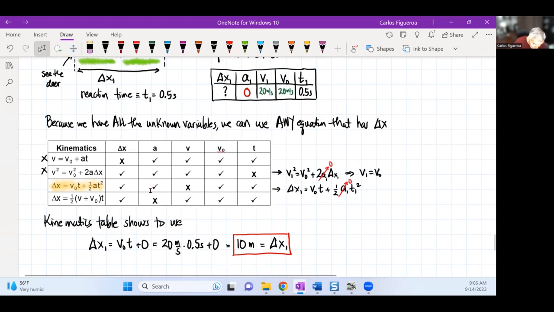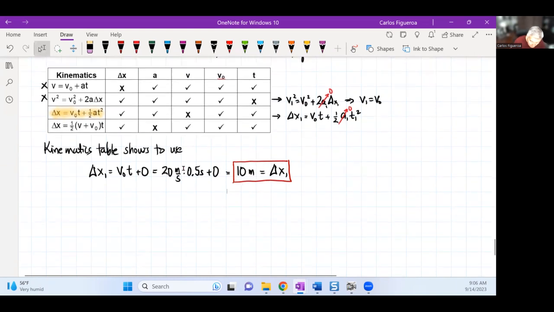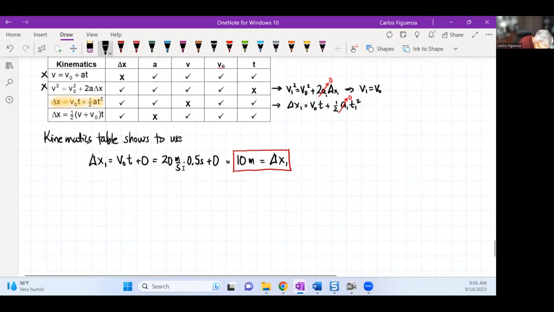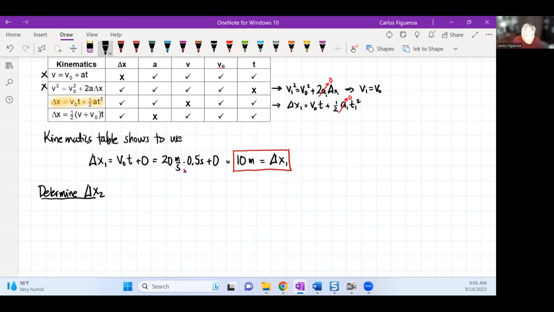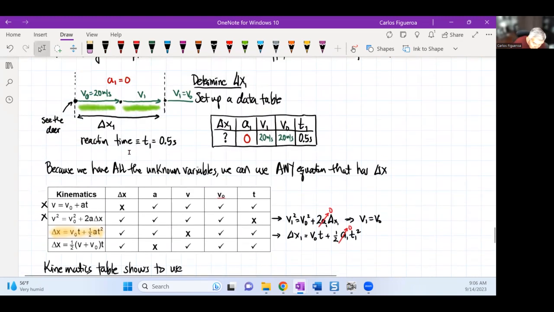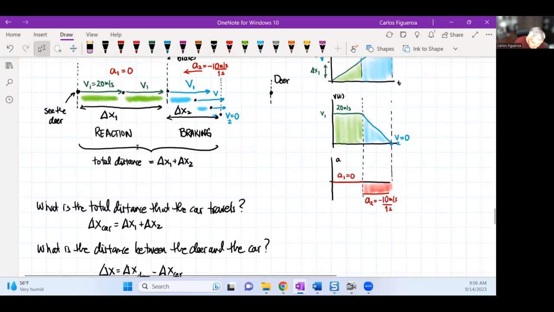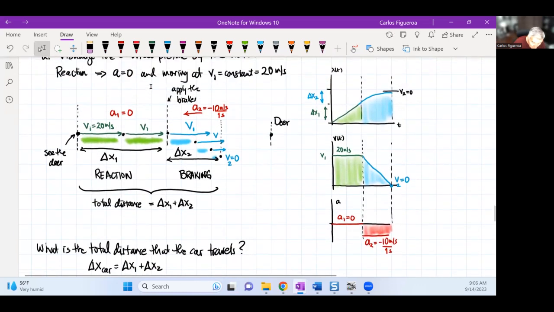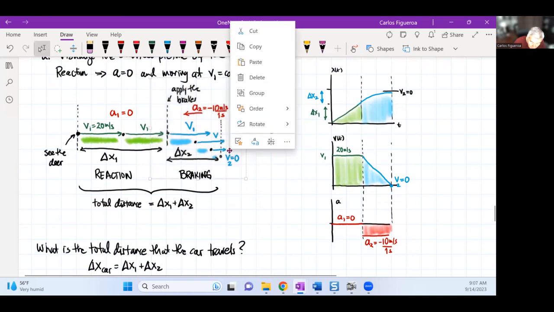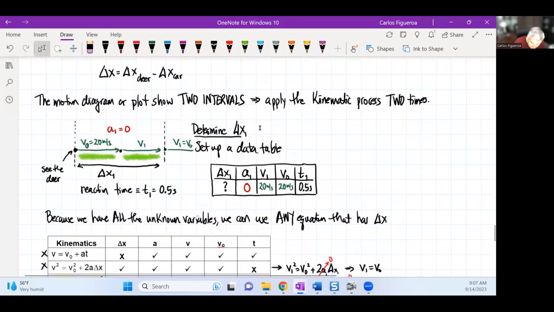So now I want to determine delta x2. Let's go determine delta x2. I'm going to go back to my motion diagram. Okay, here's my motion diagram right here. And now I'm looking at the braking process.